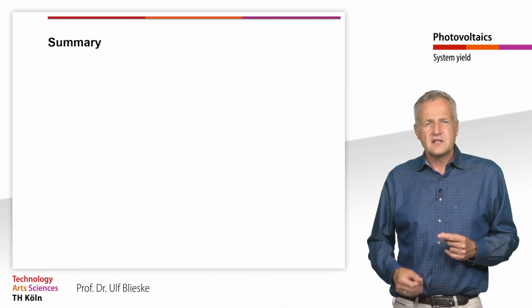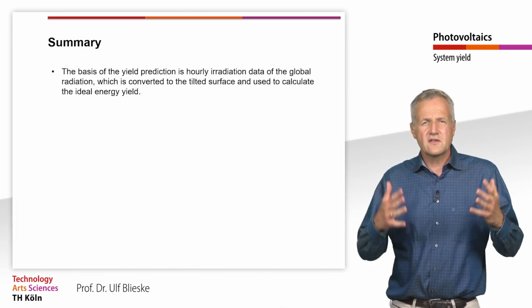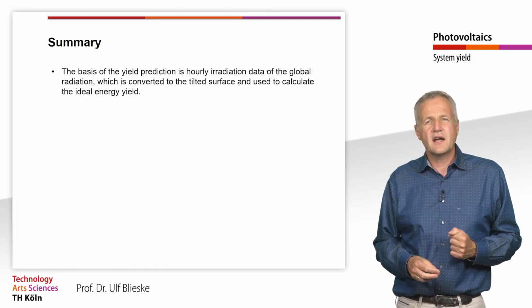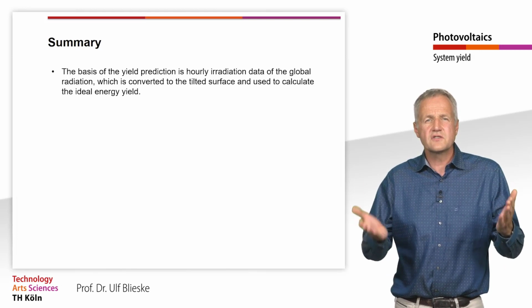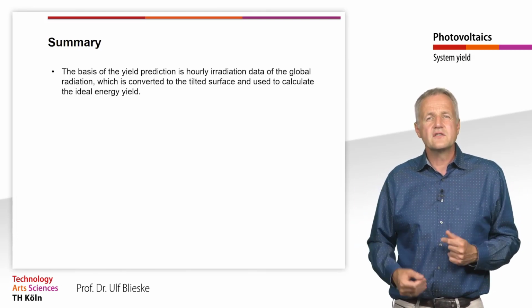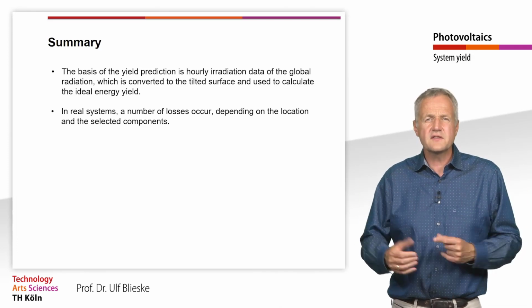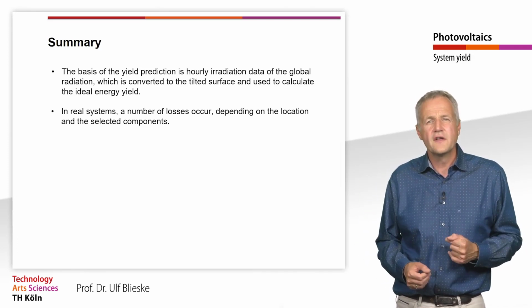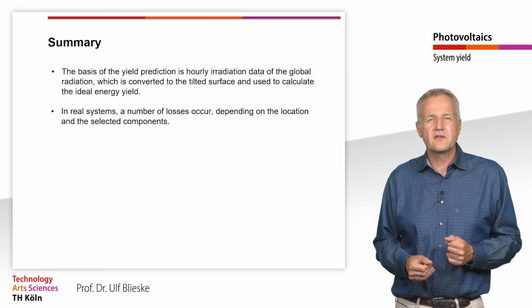Let's summarize this teaching unit. The basis of the yield prediction is hourly irradiation data of the global radiation, which is converted to the tilted surface and used to calculate the ideal energy yield. In real systems, a number of losses occur, depending on the location and the selected components.